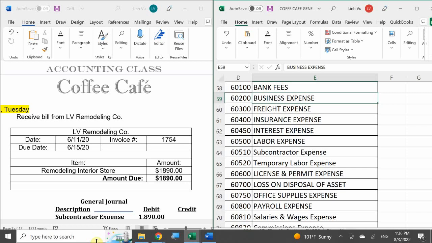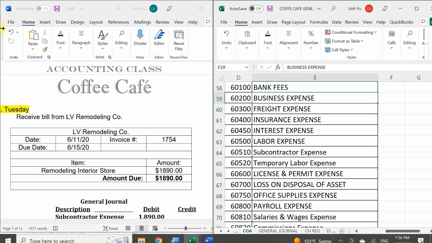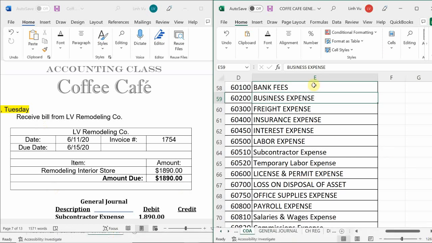So subcontracting would definitely be a better option versus a business expense. But if you choose business expense, it is also an available option. Subcontractor expense, which already exists, would definitely be more appropriate. That's kind of what I figured, there would be something better.